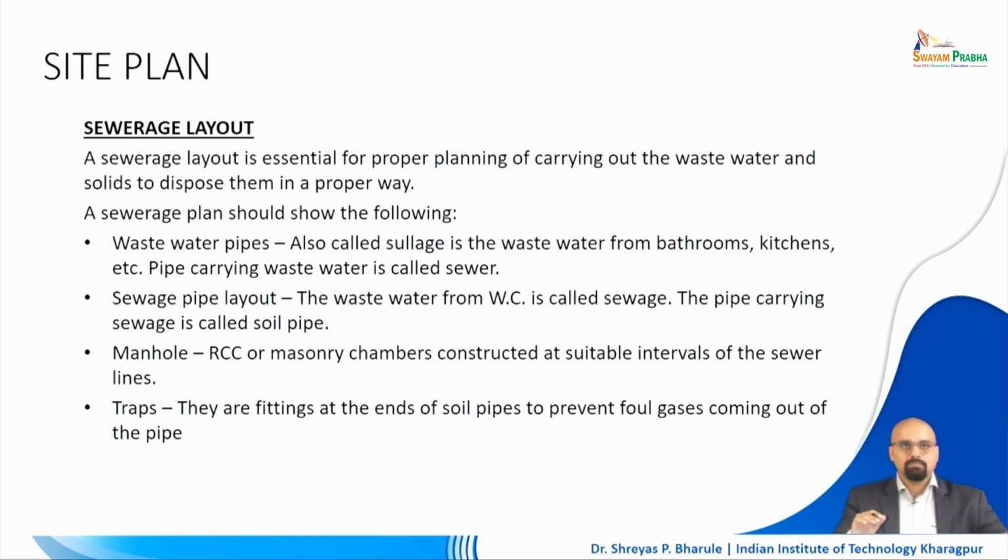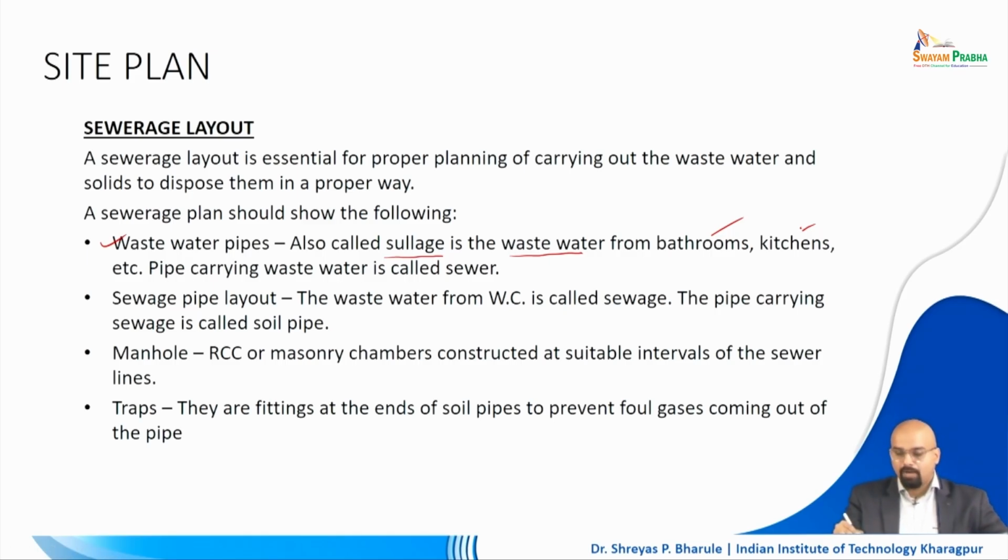So in this case, in a sewage plan, you should always show the wastewater pipes, where the location of the wastewater pipe is, how it is being taken out, and how it is going to take out the sullage, right. So the sullage is basically wastewater, which is from bathrooms, kitchens and other places.